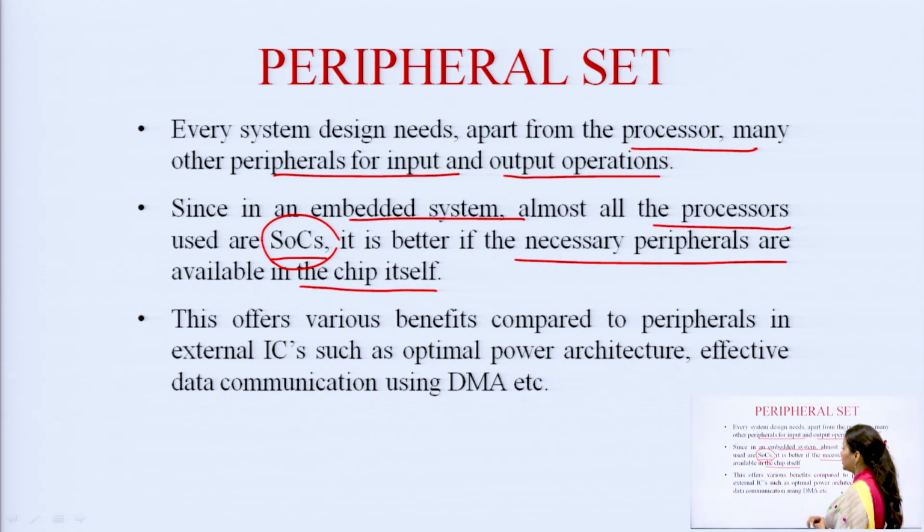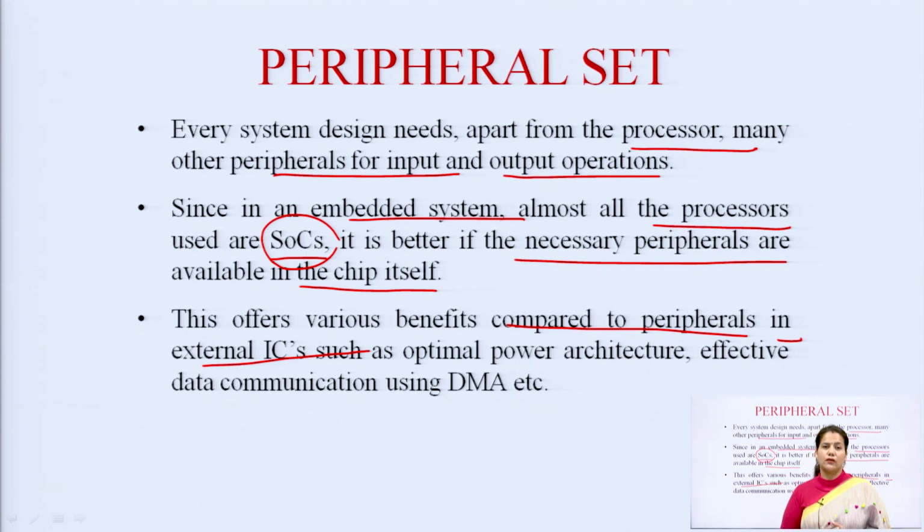This offers various benefits compared to peripherals in external ICs. Instead of using external ICs for different peripherals, we are implementing the peripheral devices on the chip itself. This saves area, saves processing speed, and makes systems more and more efficient.